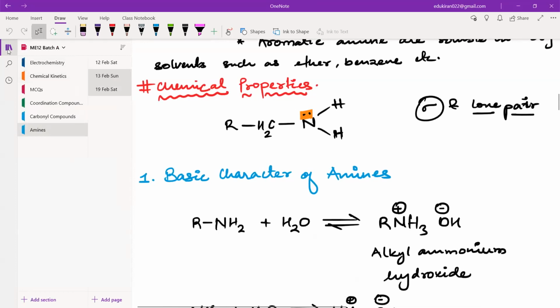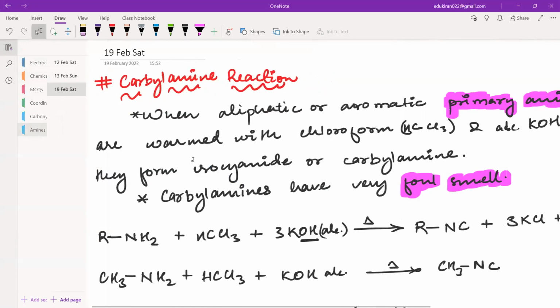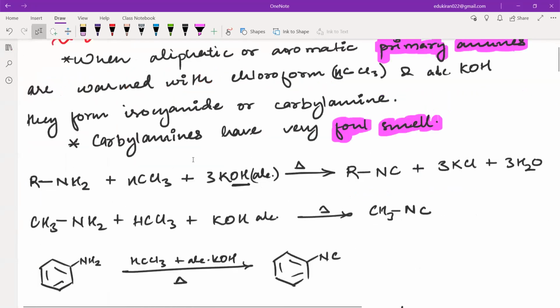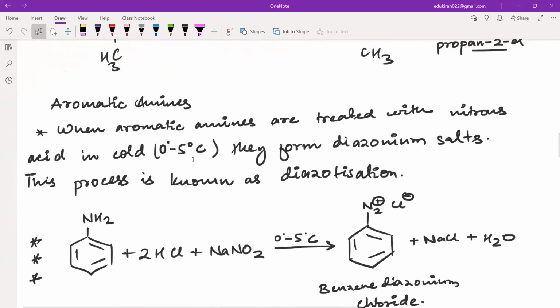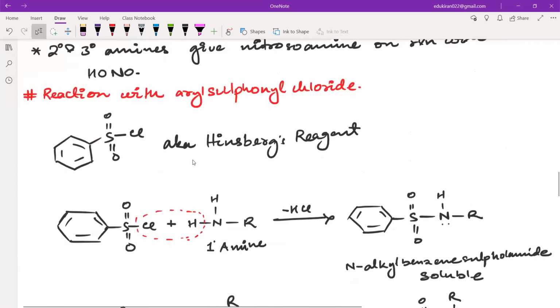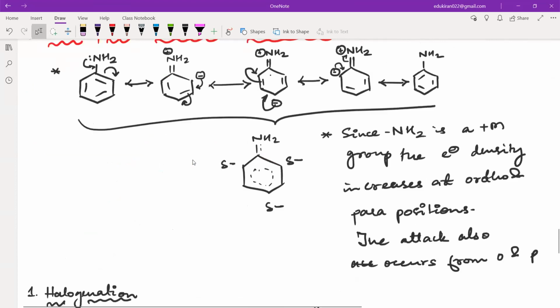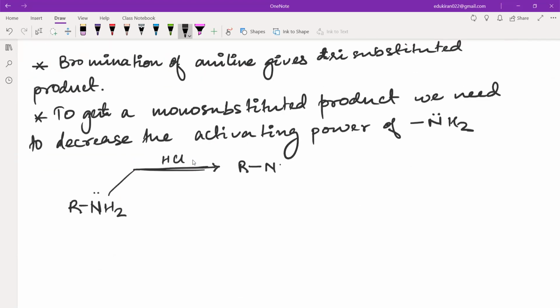Okay, fine. So in the basic character of amines, we react the amine with an acid, right? If I react this with an acid, let us say HCl, this lone pair will react and we will get RNH3 positive. Just remember what type of fragment we need here: nitrogen bonded with some atom A, and that atom A has a double bond with B. We need this fragment in the product.